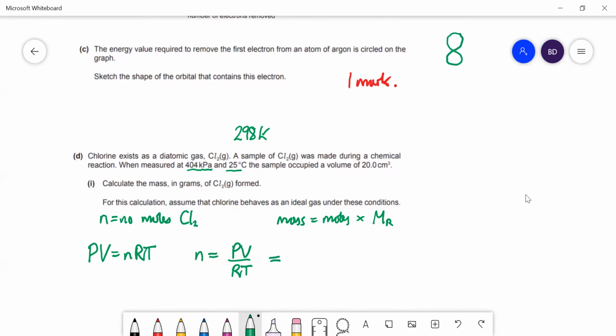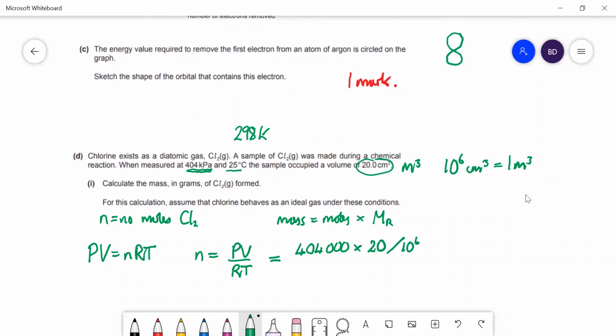We have to be careful because in the ideal gas equation you've got to put pressure in pascals, not kilopascals. So times that by 1,000, so 404,000, multiplied by, and I've got to be really careful with the volume. Volume is 20 centimeters cubed, but that's got to be converted into meters cubed. There are 1,000,000 centimeters cubed in 1 meter cubed, so that 20 is divided by 10 to the 6.